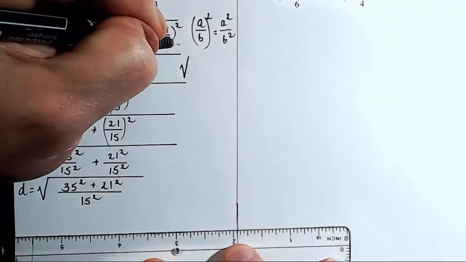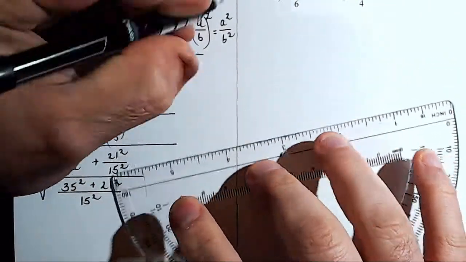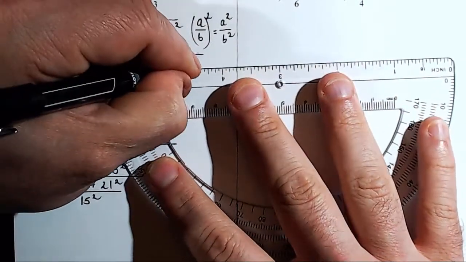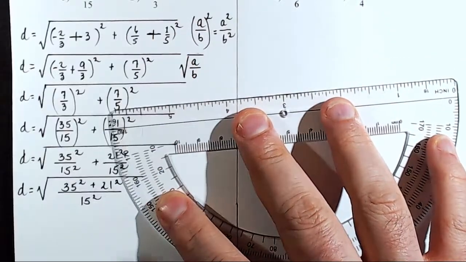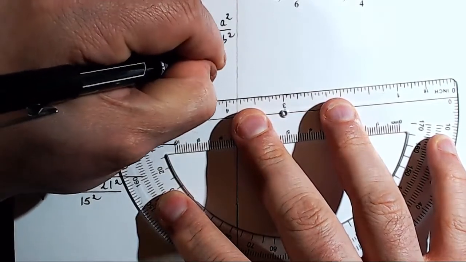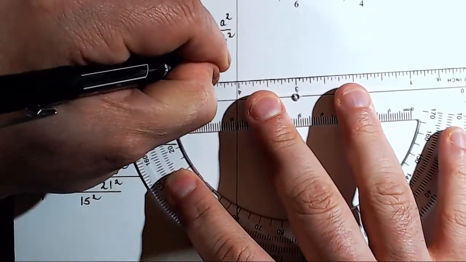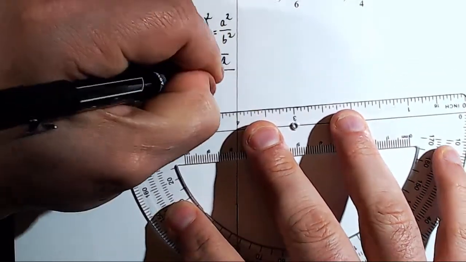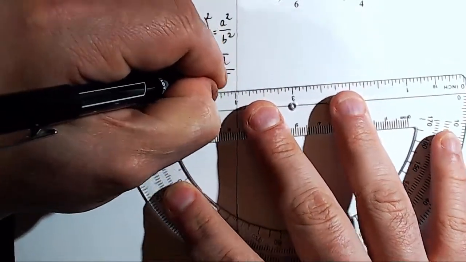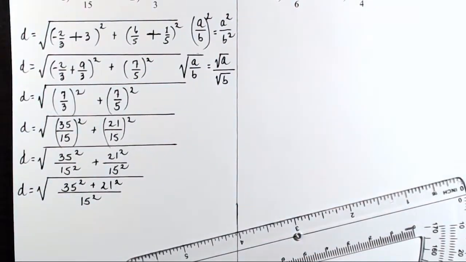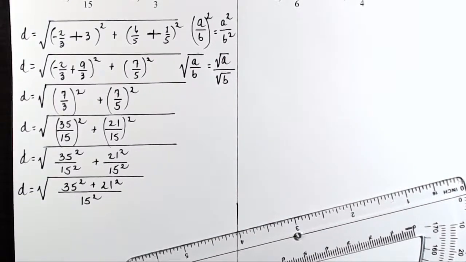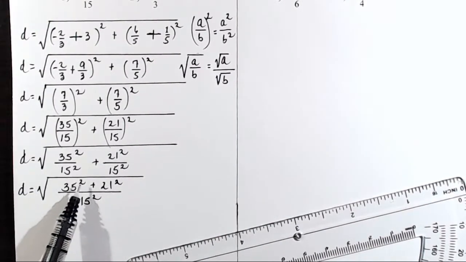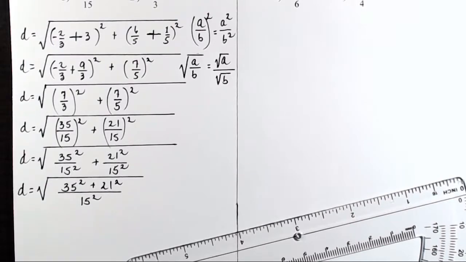The square root of A over B is equal to the square root of A over the square root of B. Okay, so that's the trick I'm going to use now. Instead of having all of this underneath the square root, I'll have the square root of 35 squared plus 21 squared, big fraction bar, and then below I'll have the square root of 15 squared. Right? So let me write that step.